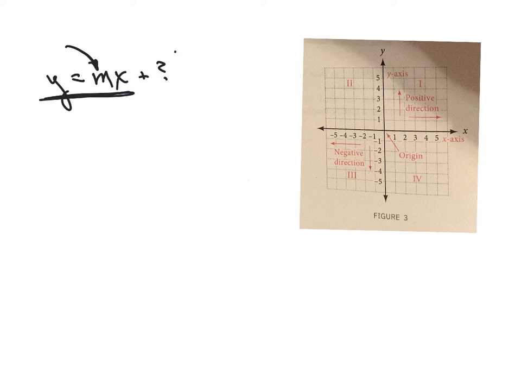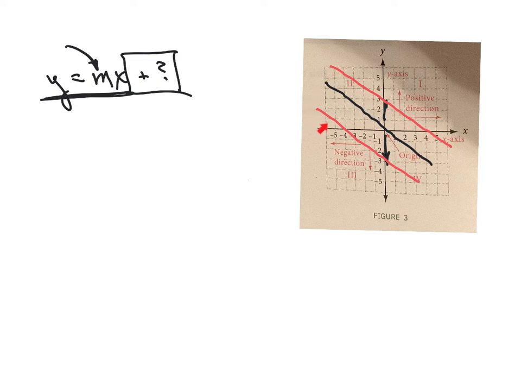And remember earlier I said that number there causes that line that goes through the origin to shift, to move up or down. So for instance, if it shifted up 3, it would be the same angle but through 3. If it shifted negative 3, it would go through negative 3. But the line would be the exact same line from left to right.